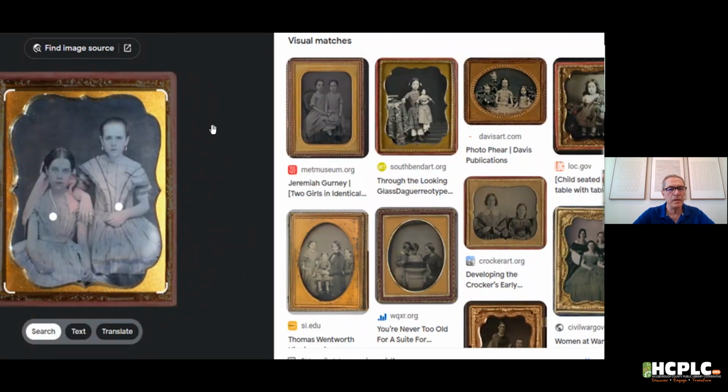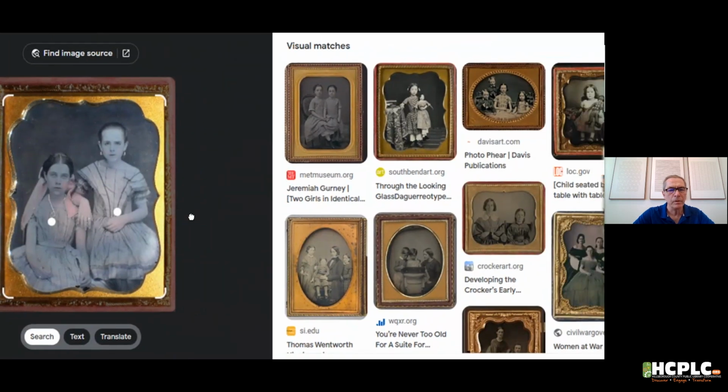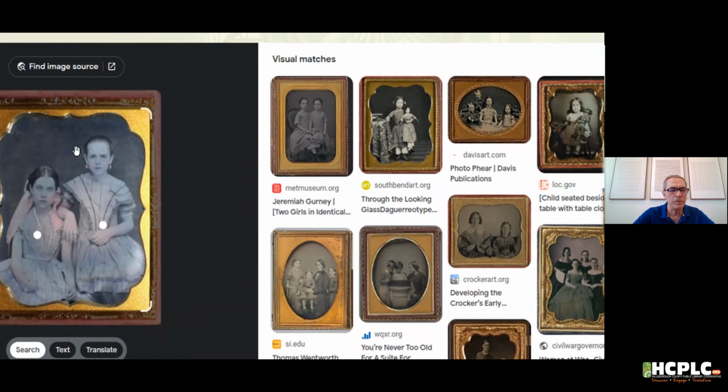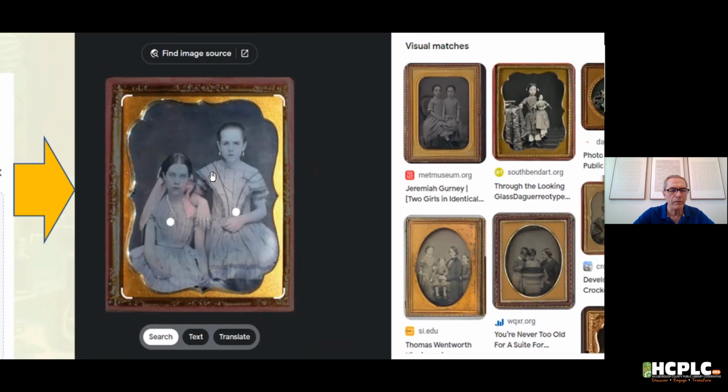So I can see, for instance, this one has exactly the same frame here, and this one looks like almost the same pose. So without any other information, I can use Google Images by just dropping an image into Google, or even part of an image, and I can begin to date my photograph. So this frame and this frame are almost identical, and this pose. These ones have already been dated, and I can use this to help date my photograph.